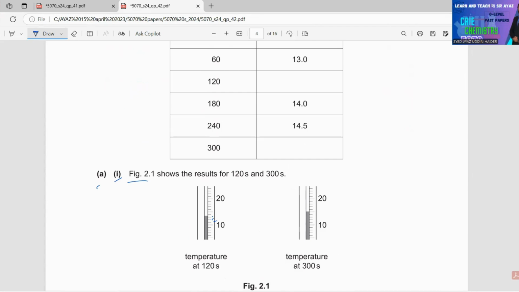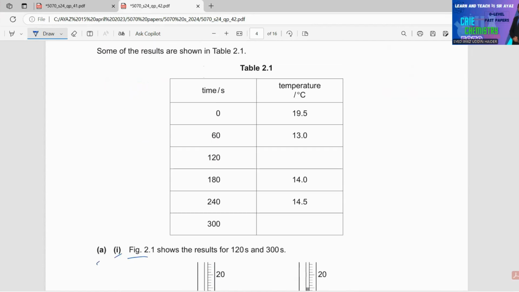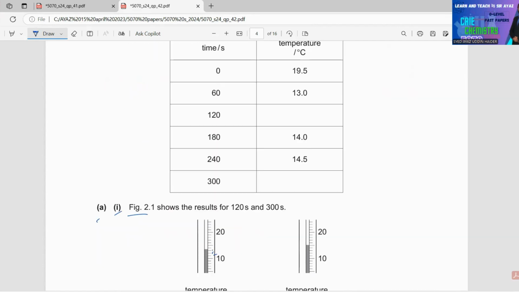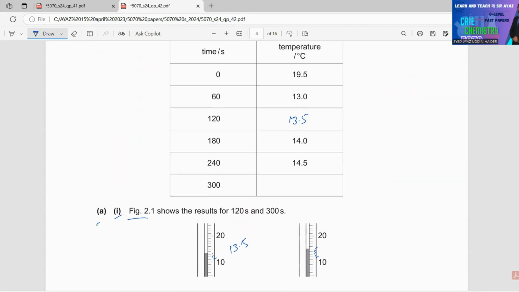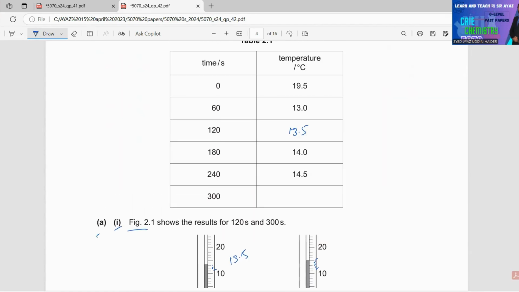So it's 13.5 degrees centigrade. So we have 13.5, 13.5 here. What about 300 seconds? 11, 12, 13, 14, 15. Should be 15. So I will write 15 here.